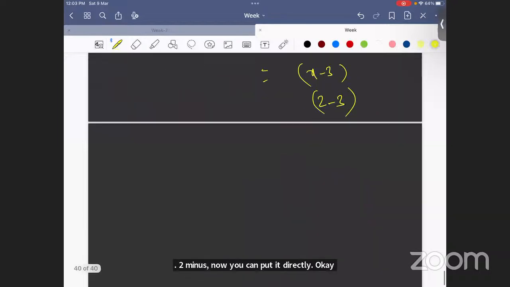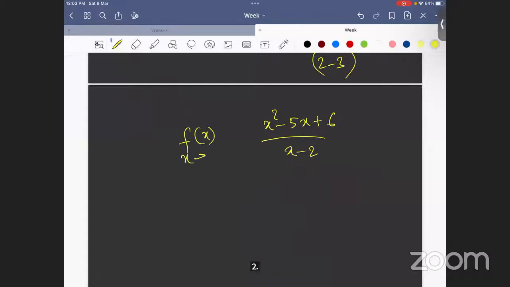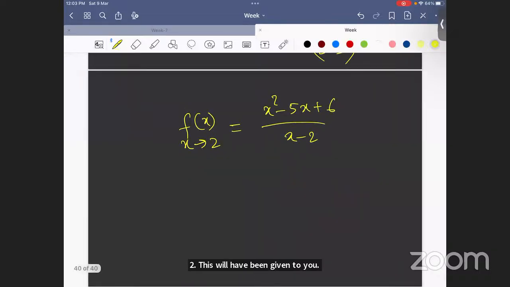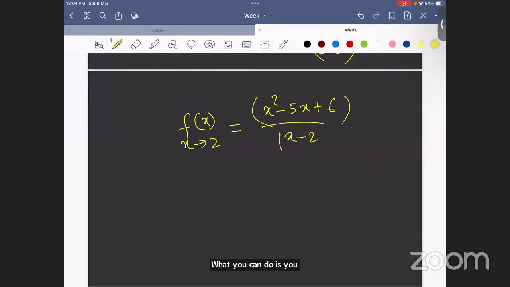Let's take the same case, x square minus 5x plus 6 upon x minus 2. This was the function given to you. Whenever you are getting this type of problem, where you are getting some constant upon 0, what you can do is start differentiating the numerator and denominator both.